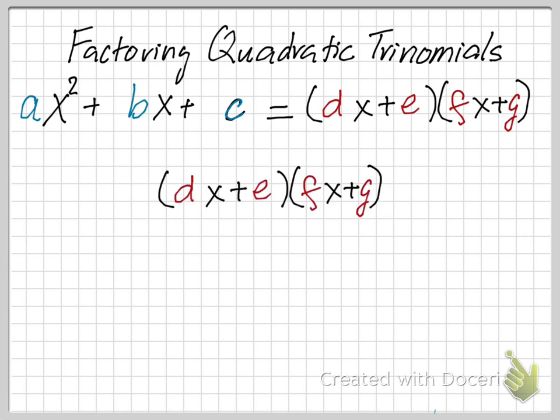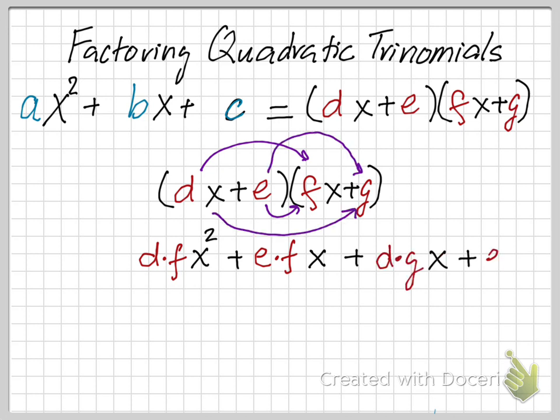Now, rewriting the two factors on the right side, if we do a FOIL step, we'll find that for the x squared term, the coefficient is d times f. Next, multiplying e times fx, you get efx.